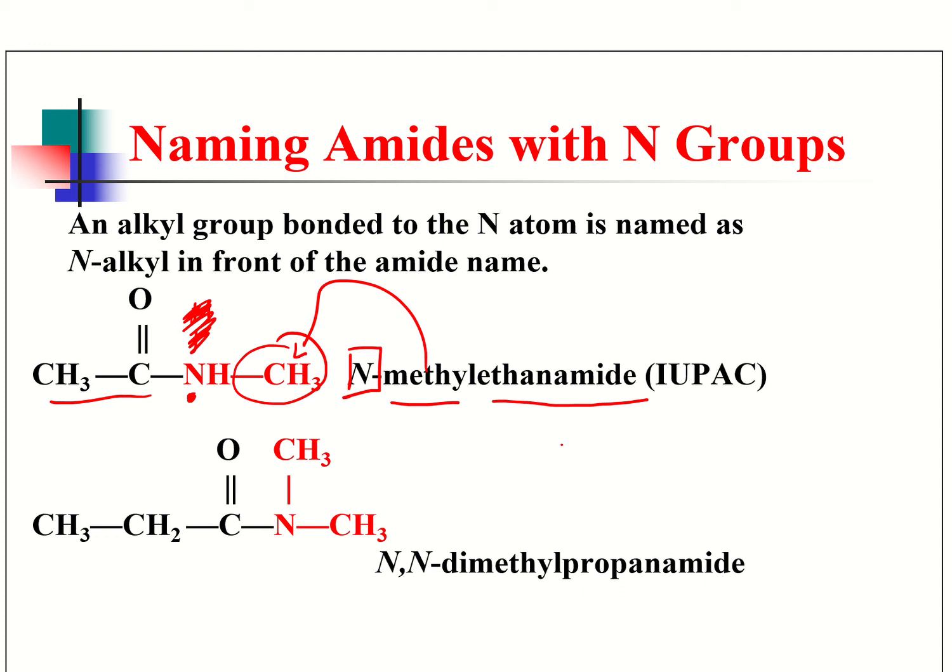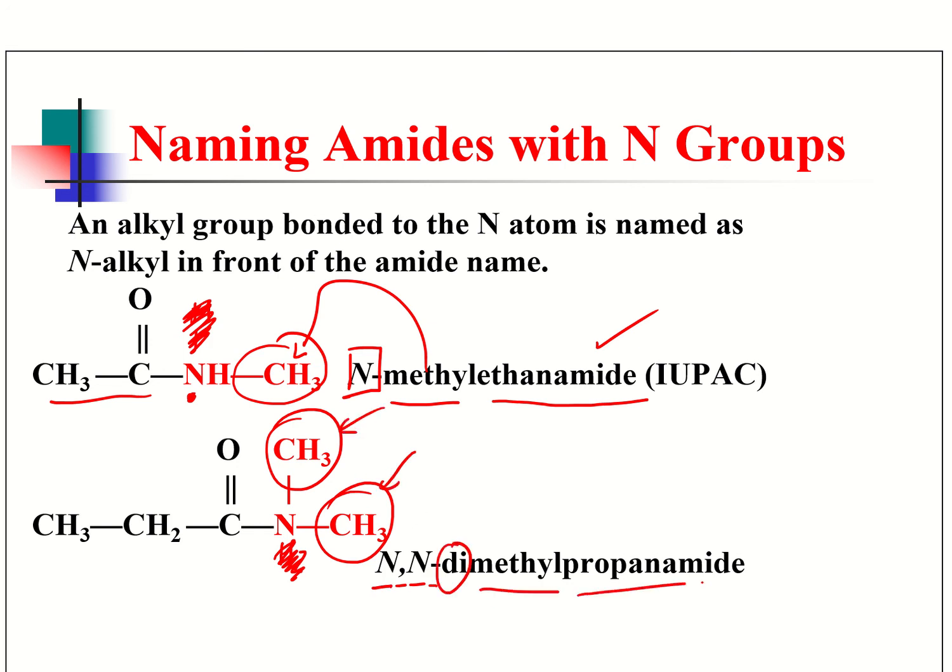Our parent molecule was ethanamide, so N-methyl ethanamide. Down here, originally it would have been NH2, so it would have been propanamide. We've removed both hydrogens this time and substituted 2 methyls onto the nitrogen. So we show N,N-dimethyl for 2 methyl groups, and then the parent molecule was propanamide.